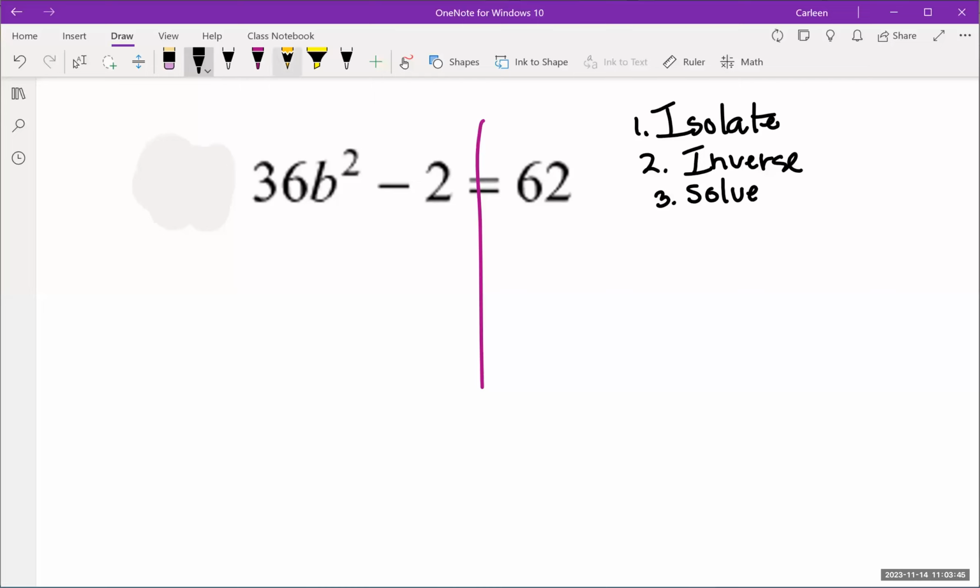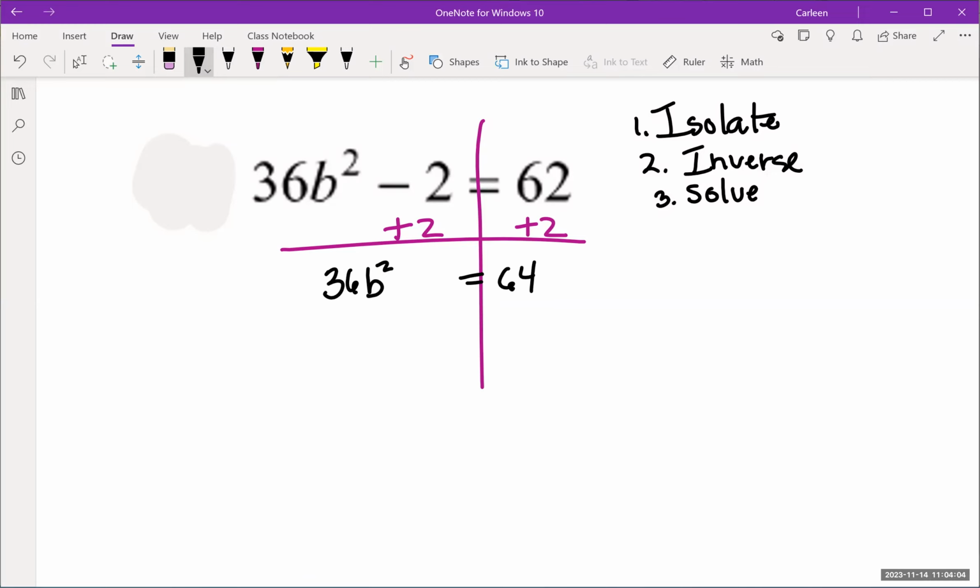Okay. Step 1, isolate, add 2 to both sides. Be very careful with that B, that it doesn't just become another 6.